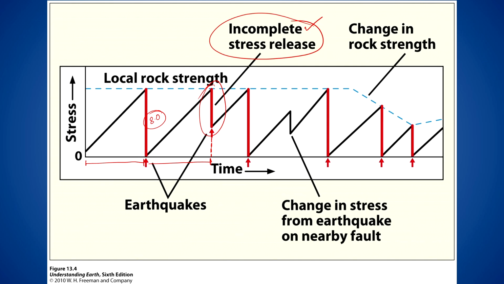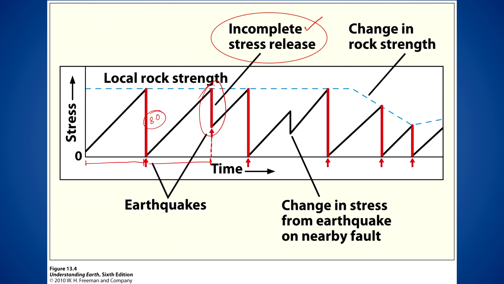The second example which it shows is the change in stress from an earthquake from a nearby source. So, possibilities are high that nearby earthquakes which have been triggered on a particular fault may trigger the stress release on another fault.